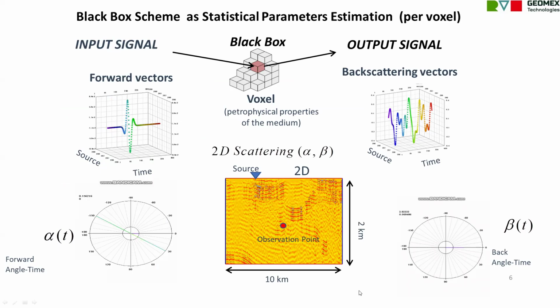There is an input forward signal, and after scattering in each voxel we obtain an output signal, dependent on angle and time. With this input and output, our purpose is to know the petrophysical property of the medium. That is the general purpose of reverse time holography. It is simple.